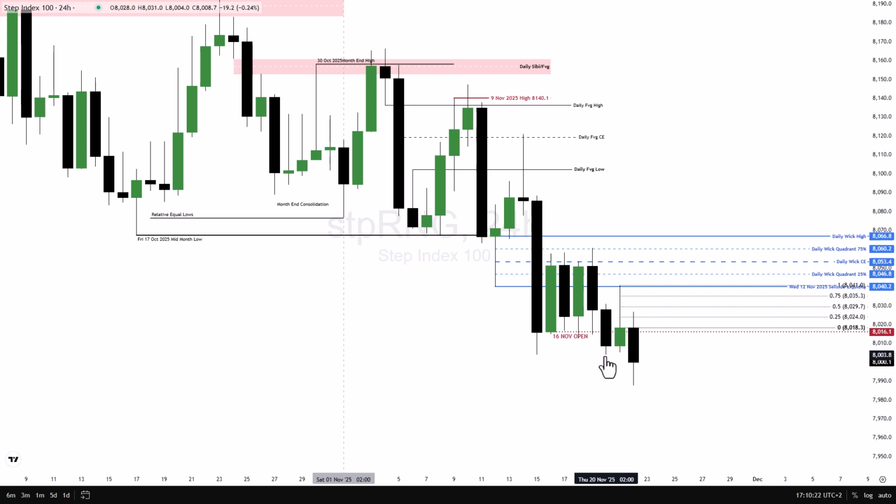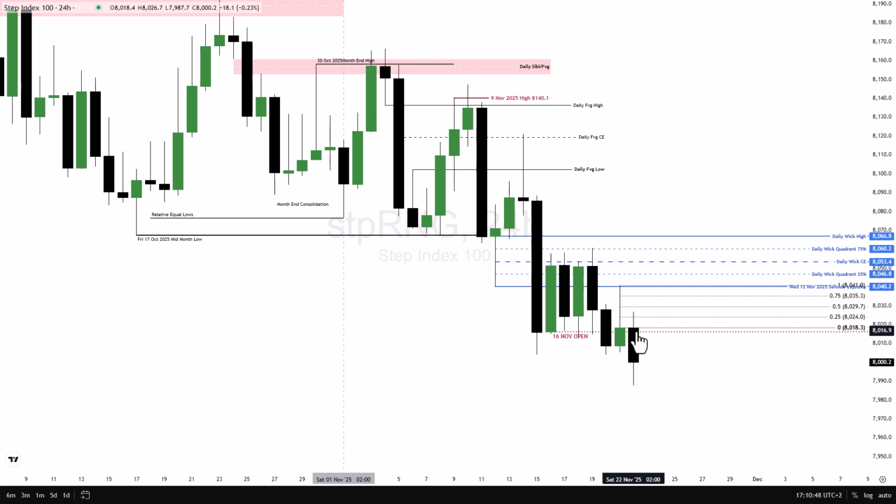But what are we seeing with this particular 20th of November? We are seeing price action print relative equal lows. Price action here is tipping its hand, saying, I don't want to go above the 50%. This is where the relative equal lows are going to be attacked.